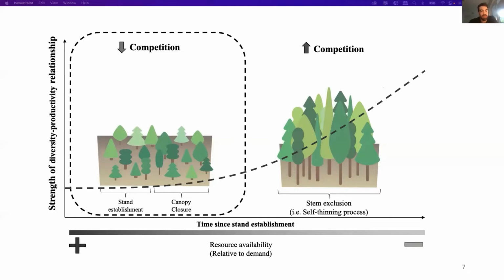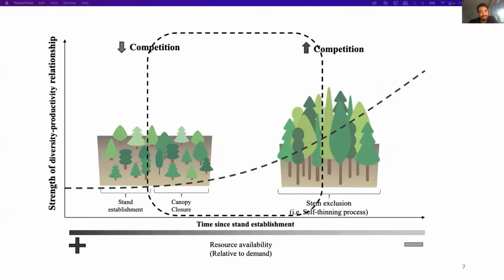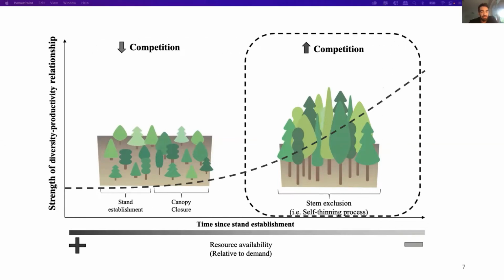This reduces the likelihood of complementarity effects and might increase the probability of sampling dominant, highly productive species that drive community productivity. However, as stands develop, trees progressively expand their crowns, which gradually intensifies competition for resources and growing space. This might potentially increase the influence of complementarity, because positive biotic interactions are expected to emerge under more stressful conditions.